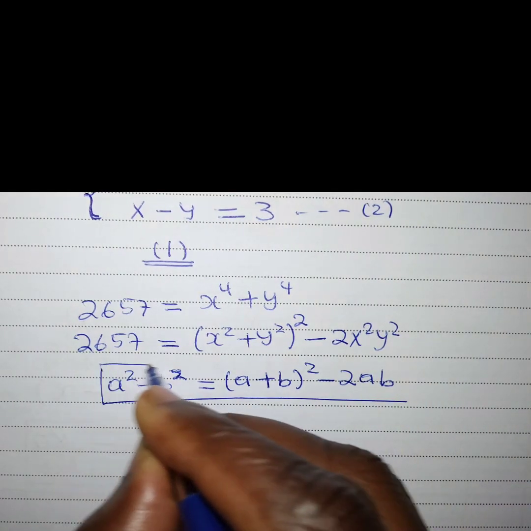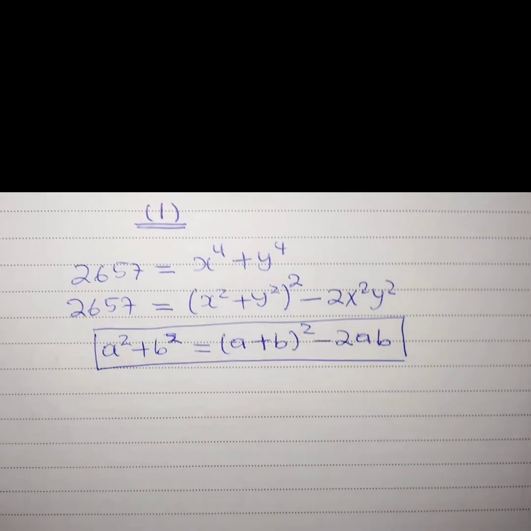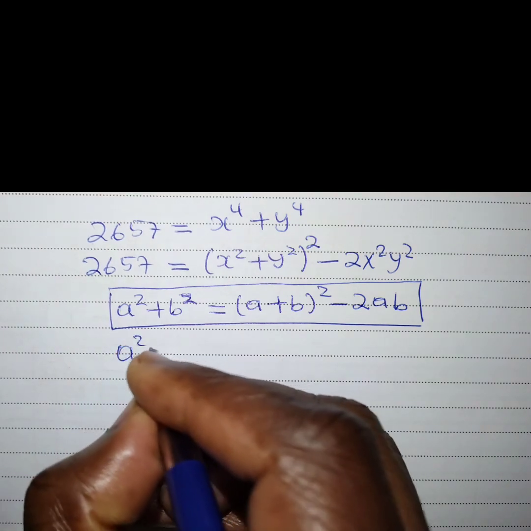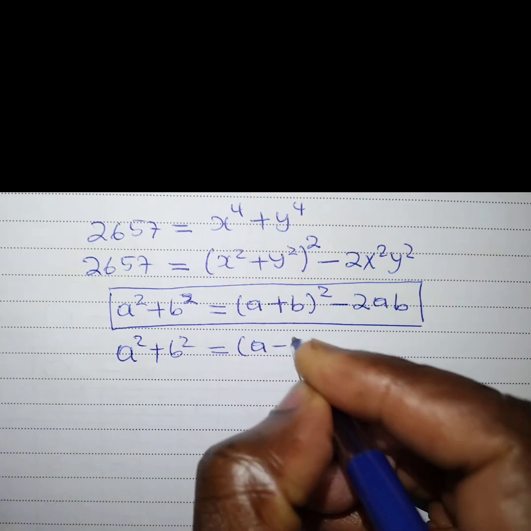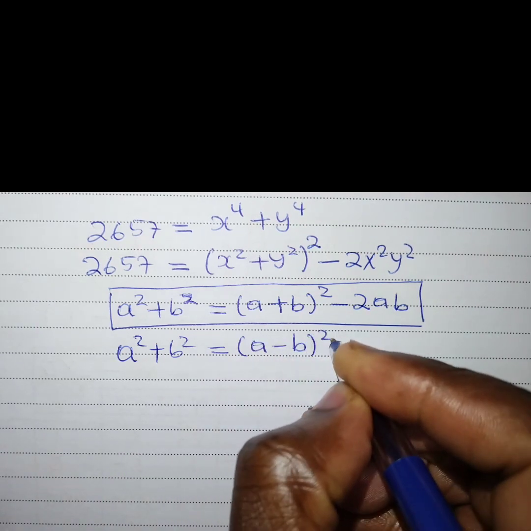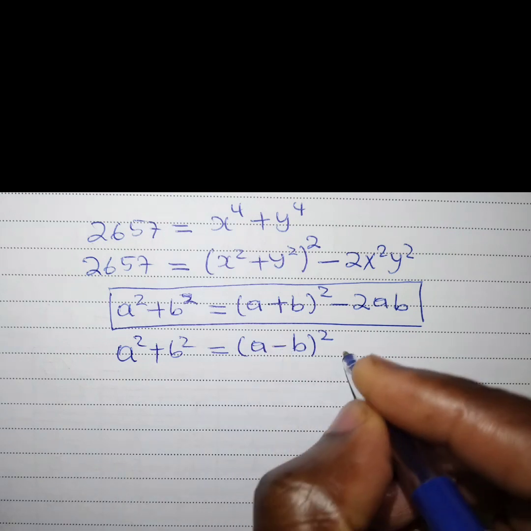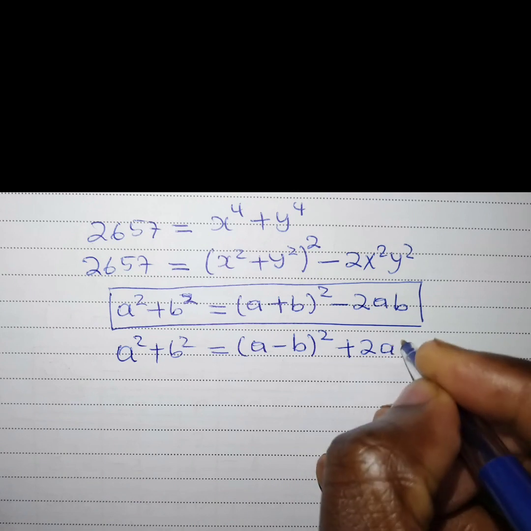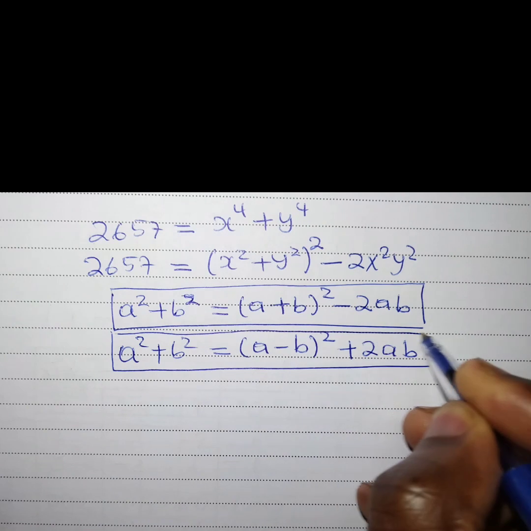Very important property of mathematics. And also, a squared plus b squared can be written as a minus b raised to the power 2 plus 2ab. Very important, ladies and gentlemen.